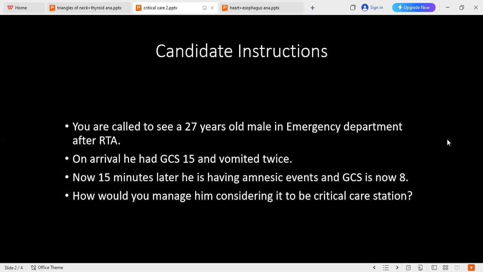Would you consider doing lumbar puncture in this particular patient? In head trauma, it's a contraindication to do lumbar puncture, because the patient is at high risk for bleeding, brain herniation and coning. Please tell me what is Cushing reflex?